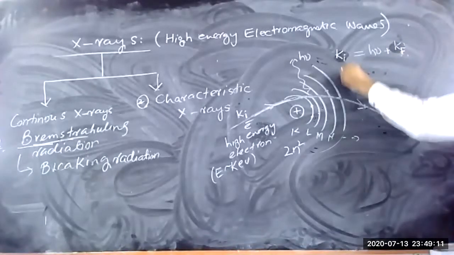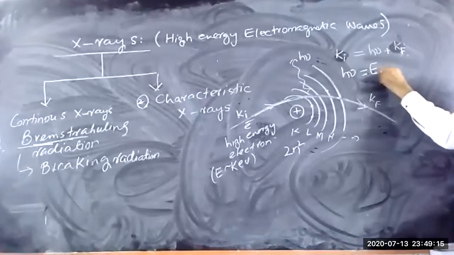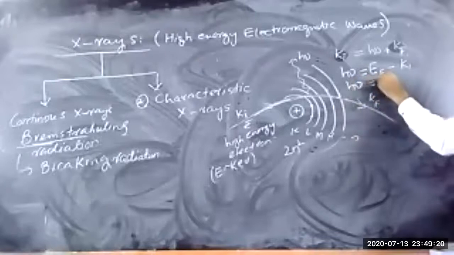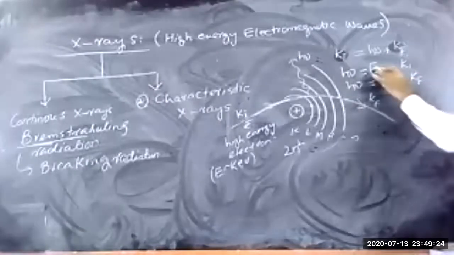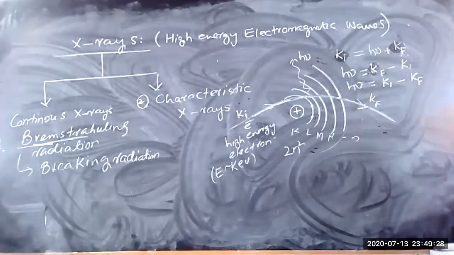So h nu is equal to Ki minus Kf, where K indicates the kinetic energy. This is the energy of the radiation.